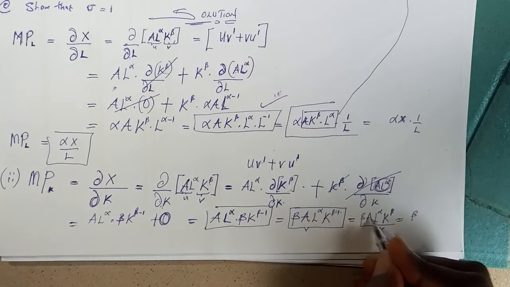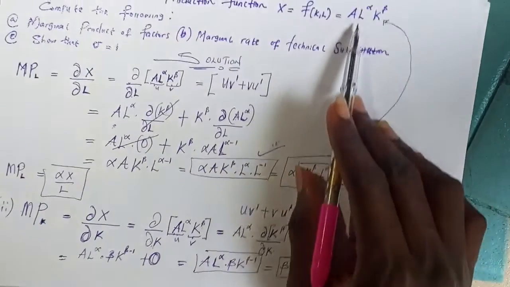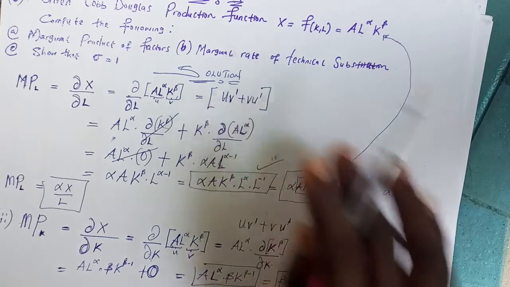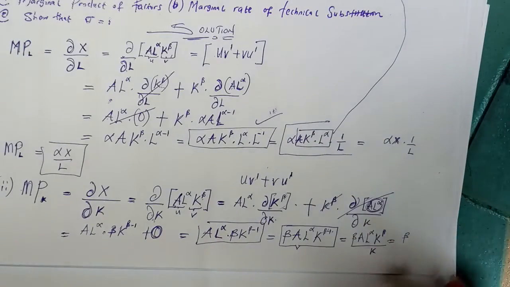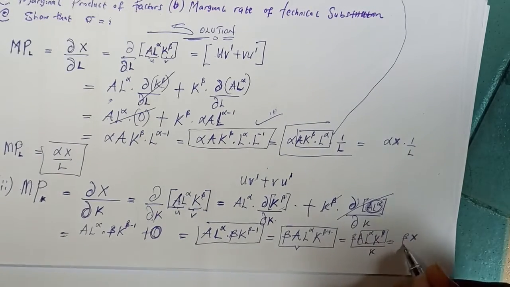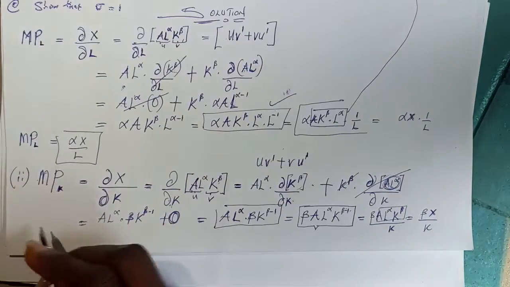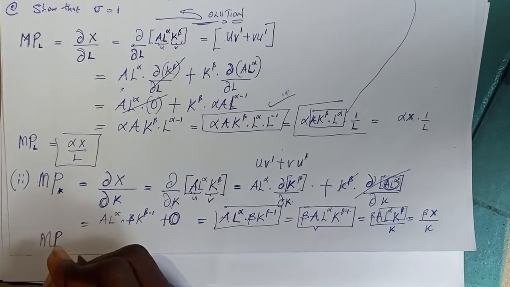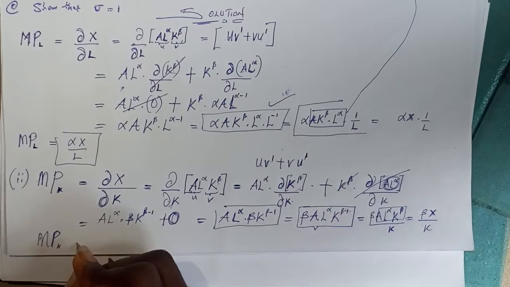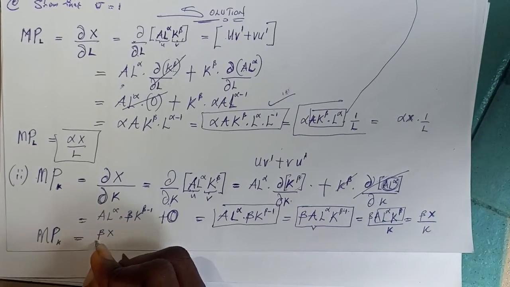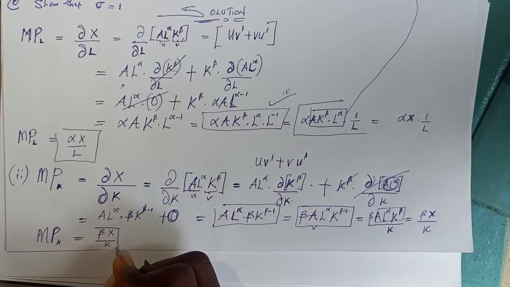It is clearly seen that A L^alpha K^beta is equal to the production function X, as you can see. So that means we end up having all this expression here as X over K. Therefore we have the marginal product of the capital as beta X over K. So let's take note of this.